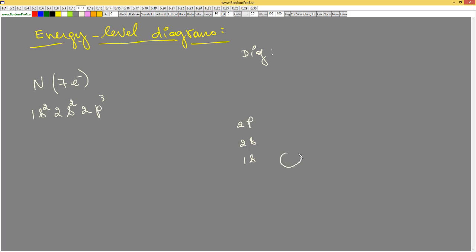I have one room here, one room here. How many rooms in the p? There are 3. Remember, we said how many orbitals in a p?